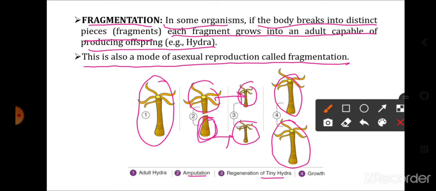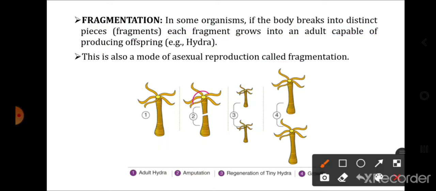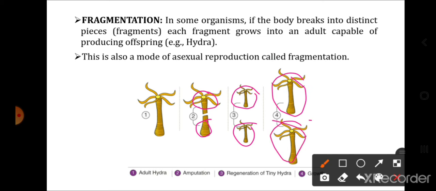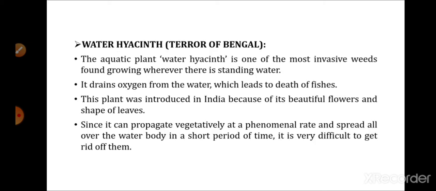So each fragmented part, as there were two fragments here, this is the first fragment, this is the second fragment, each gave rise to a new hydra, and hence this is considered a type of asexual reproduction. So fragmentation is another method through which asexual reproduction can take place.